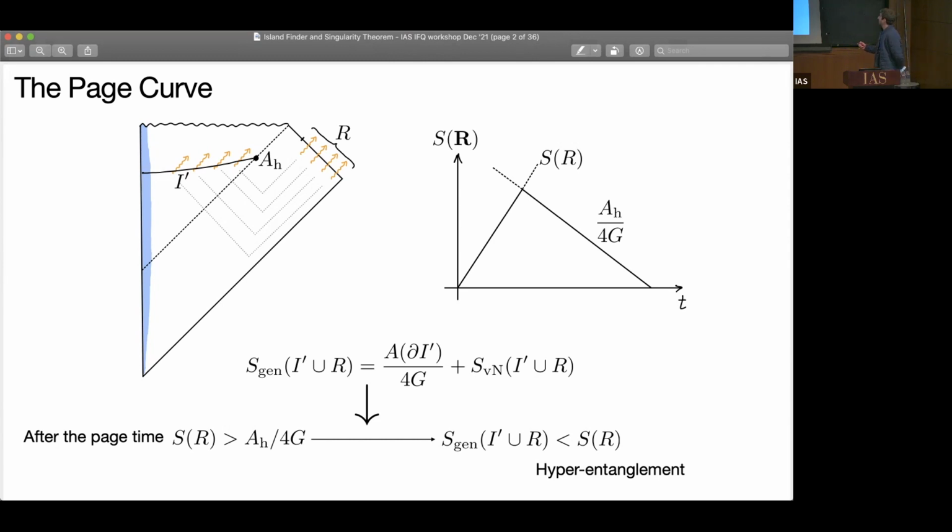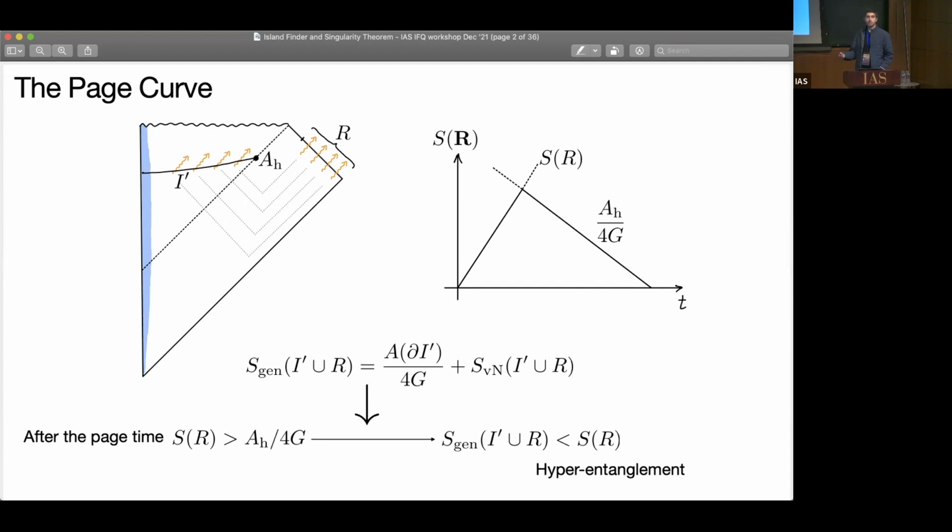Here I'm making that distinction with notation borrowed from a paper by Shahbazi-Moghaddam and Maldacena, where I show the exact entropy by S of boldface R and the semi-classical entropy as just S of R. The Page curve makes that distinction clear. After the Page time, S of R differs from S of boldface R.